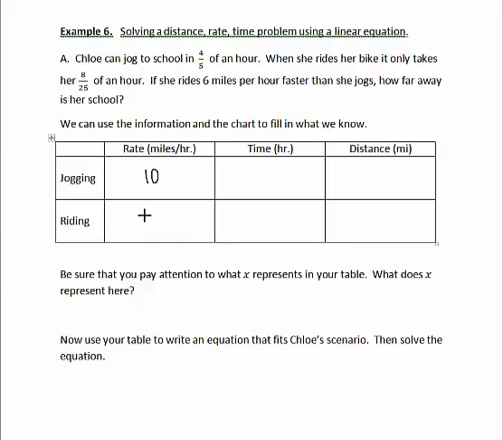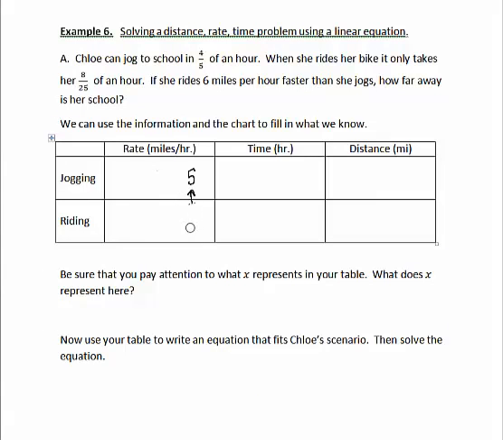And so if she rides 6 miles an hour faster, then she would ride 16 miles an hour. On the other hand, 10's a little fast. Maybe she jogs 5 miles an hour. Well, in that case, she would ride 6 more, and so she would ride 11 miles an hour.